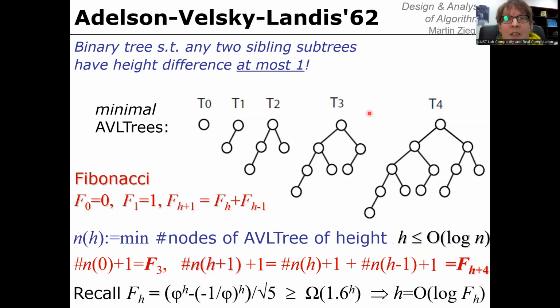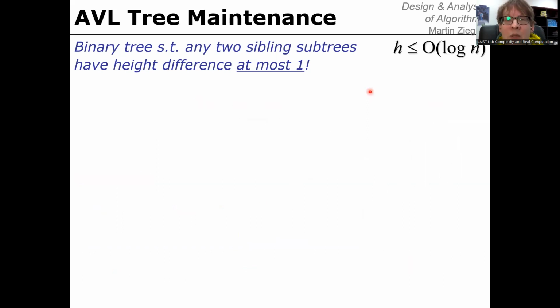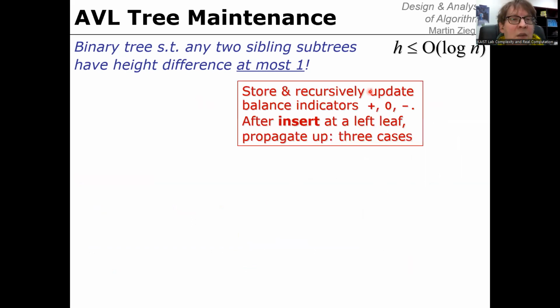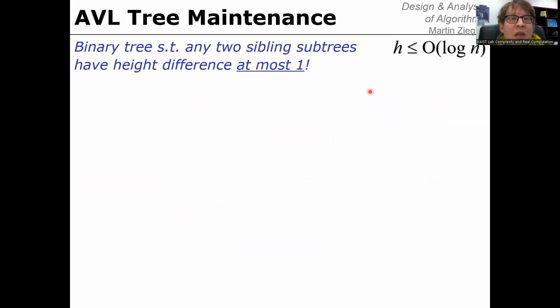So let's stop here with the topic of the lecture. Next time we're going to talk about operations on AVL trees, insert and delete operation, and how to restore the AVL property after each of these operations.